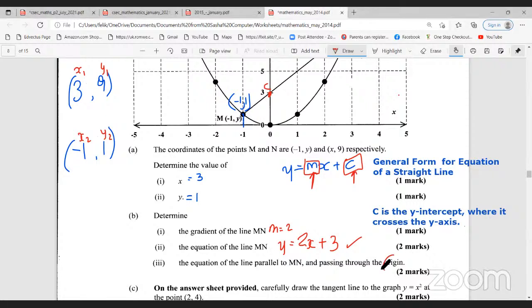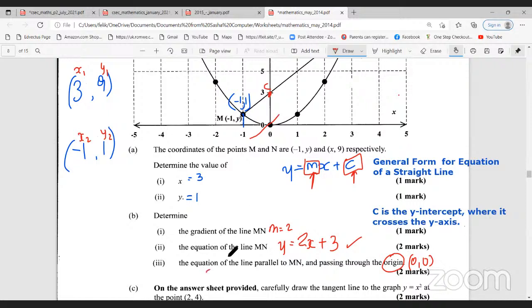When they talk about the origin, it is actually the point 0, 0. So they're asking us for the equation of the line parallel to MN passing through the origin, which is 0, 0. So it passes somewhere through there, 0, 0.